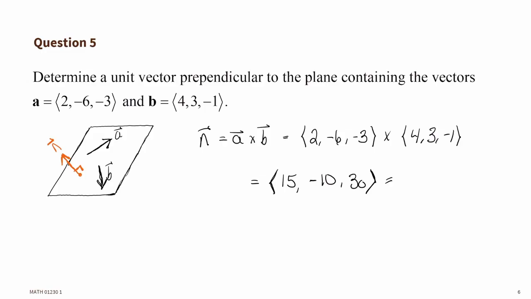Can't we factor a scalar out? So we should make that look like a 5.